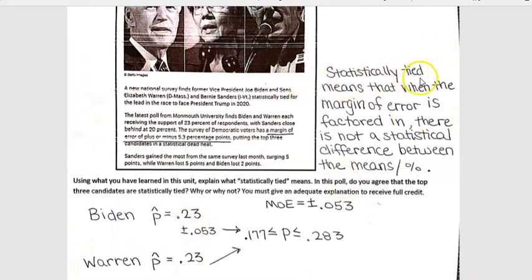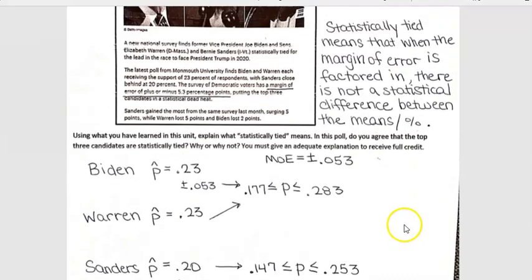And so what statistically tied means is that when the margin of error is factored in, there's not a statistical difference. Okay, so it means that the difference between the values is not any more than just the margin of error. So there could be a difference between the values, or it could just be due to sampling error, right?